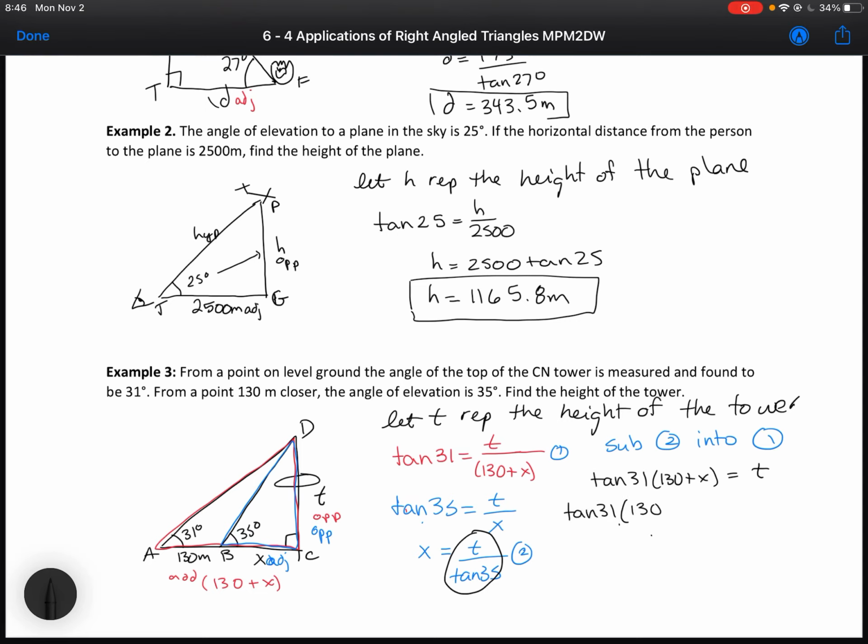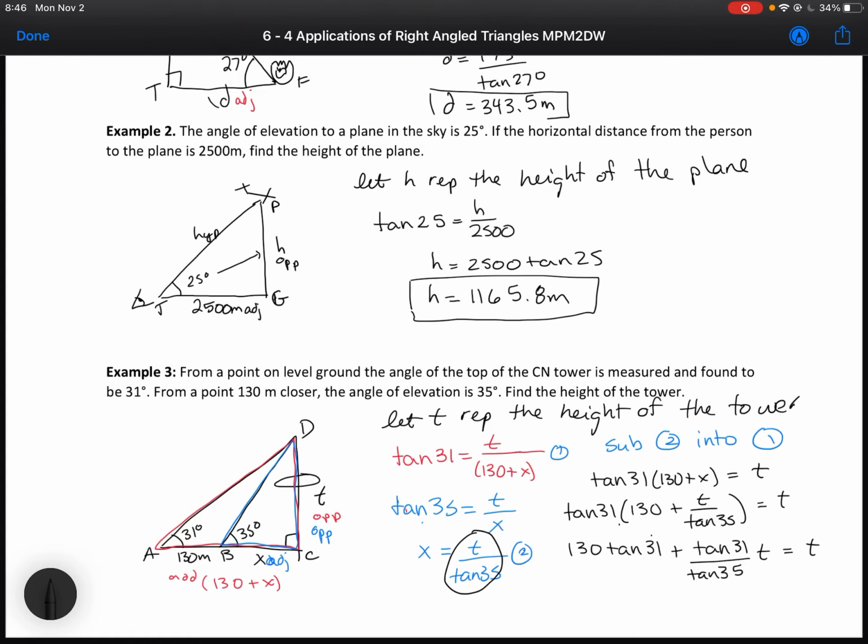So tan 31 times 130 plus T over tan 35 is equal to T. Now I want to get my terms that all have T onto one side, so I'm going to do some expanding. 130 times tan 31 is just a number, so you could evaluate that on your calculator. I'm just leaving it in so I don't have to write all the decimals. Then tan 31 over tan 35 times T, and I've got T on this side too.